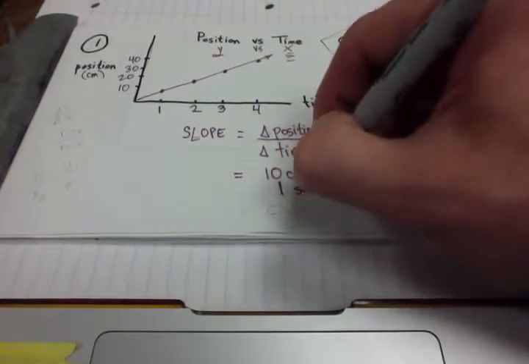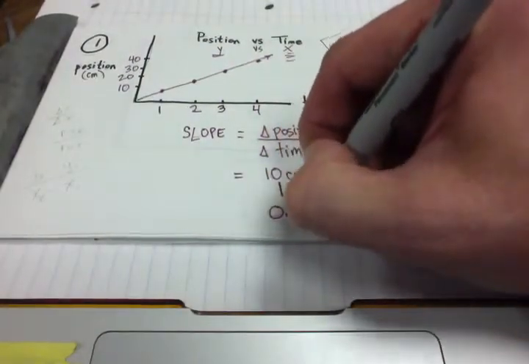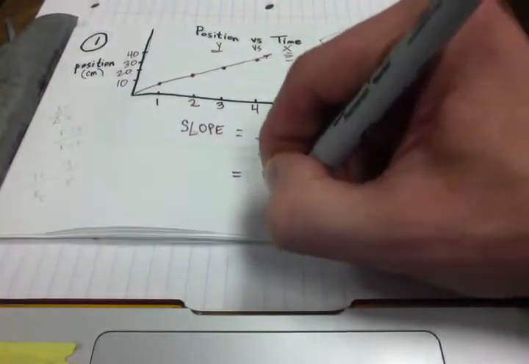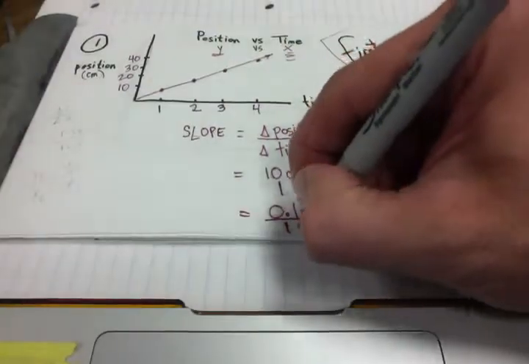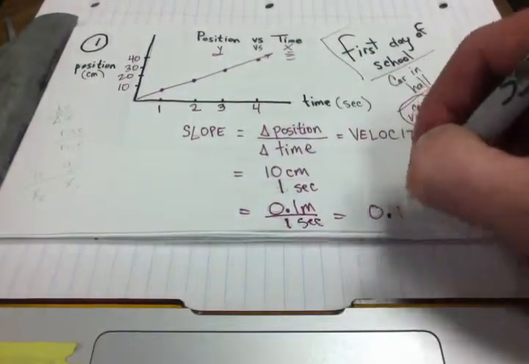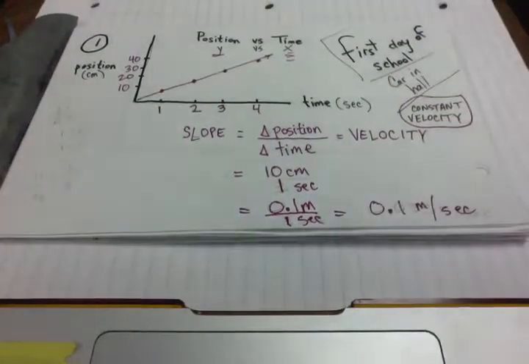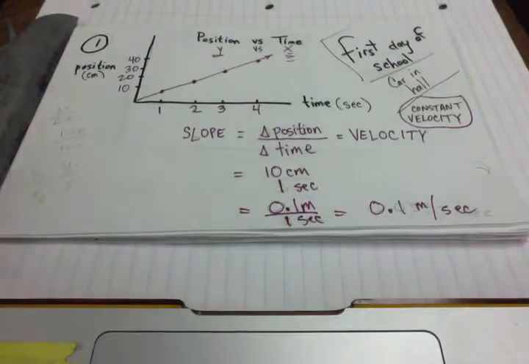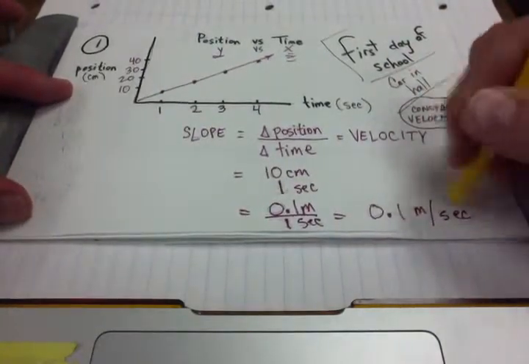So 10 centimeters in 1 second is the same thing as 0.1 meters in 1 second. So you could write that as 0.1 meters per second. So that is about as easy of a constant velocity problem as we can give you.